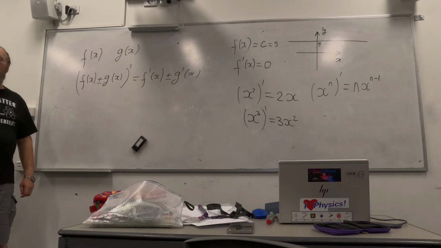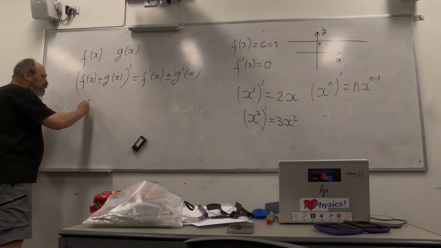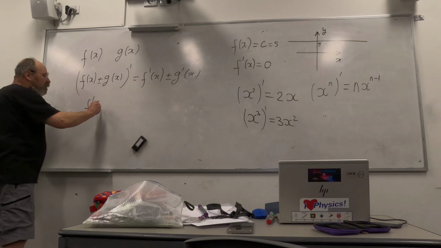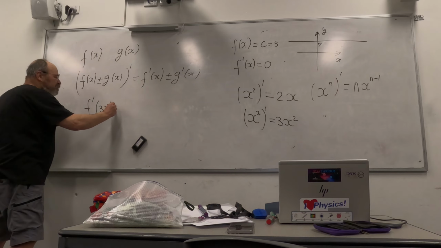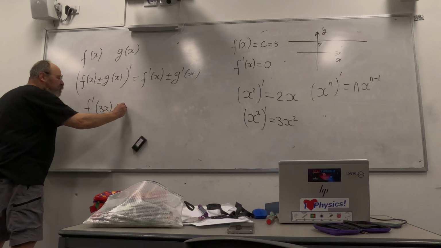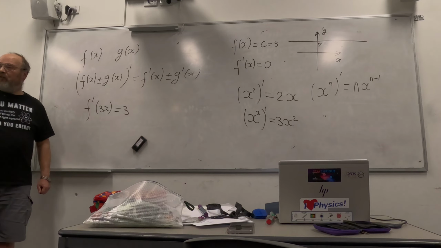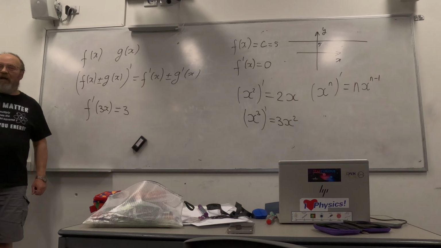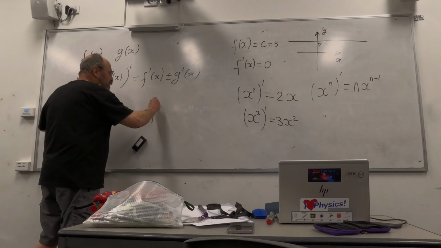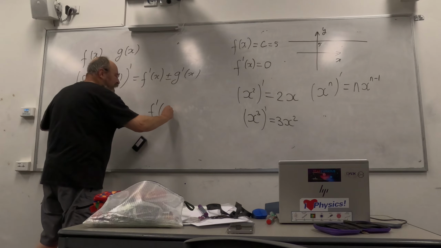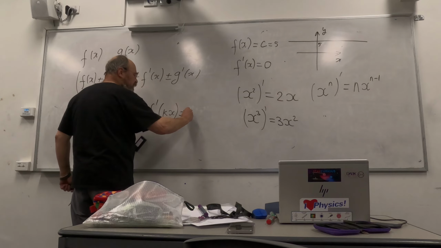Now, from the example that we did, what will be the derivative of, let's say, 3x? It will be 3. We just did it. The derivative of 3x will be just 3. So the derivative of kx equals just k.